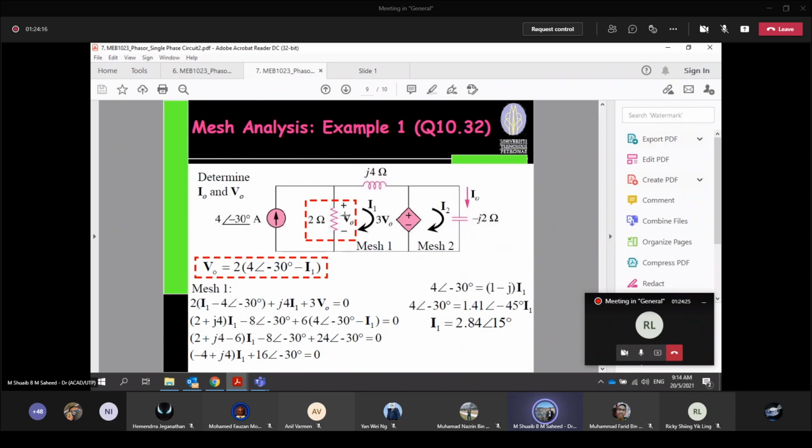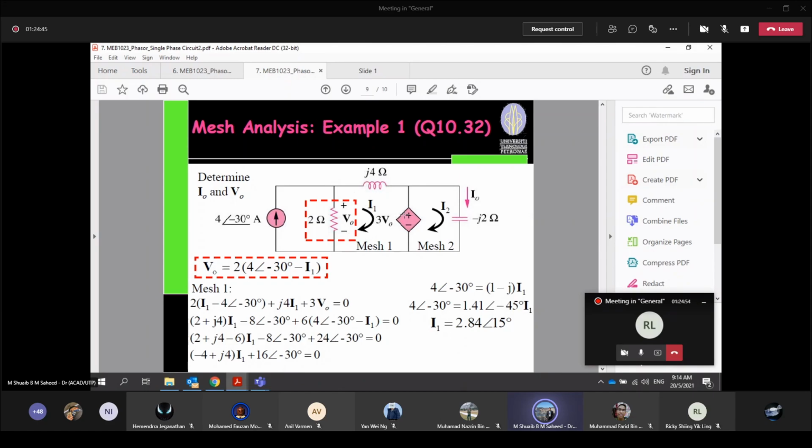And V0 is the voltage drop at the 2 ohm resistor. We have an independent current source and we have a dependent voltage source 3V0, meaning whatever voltage is over here will be the voltage taken up by the voltage source.